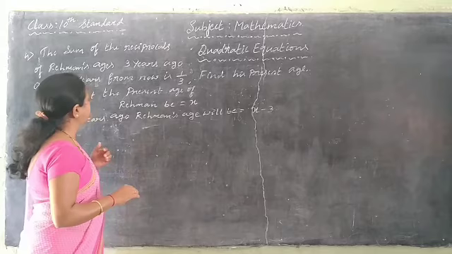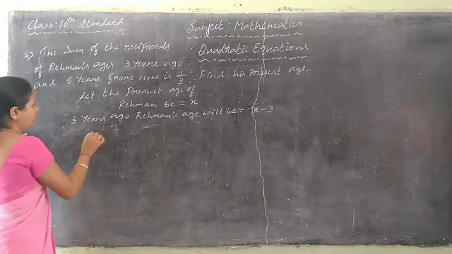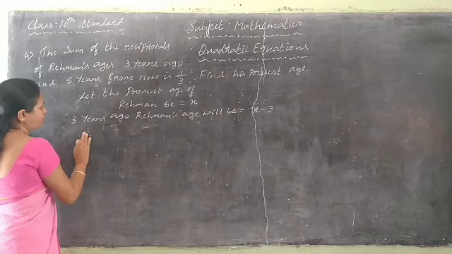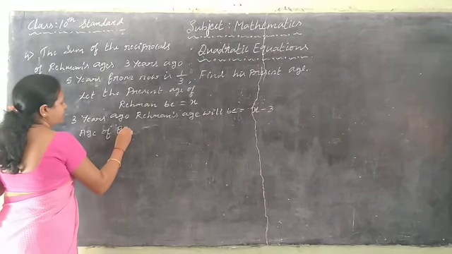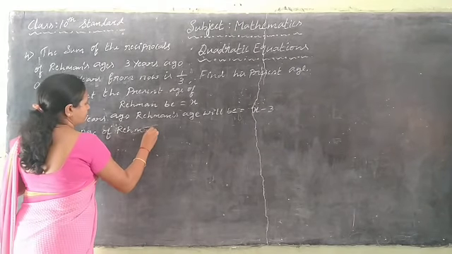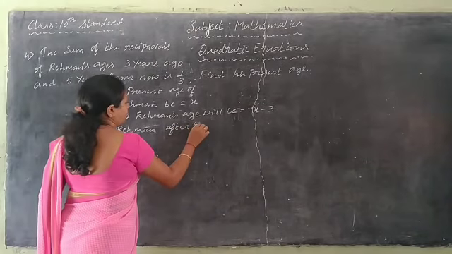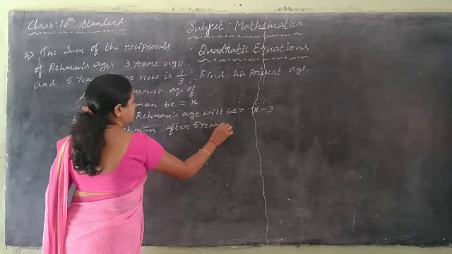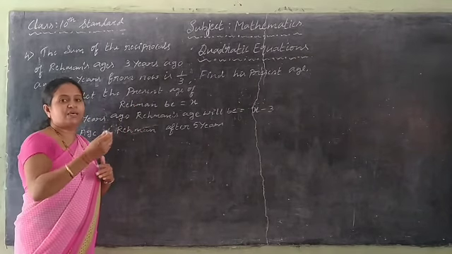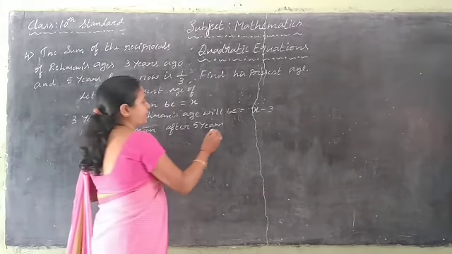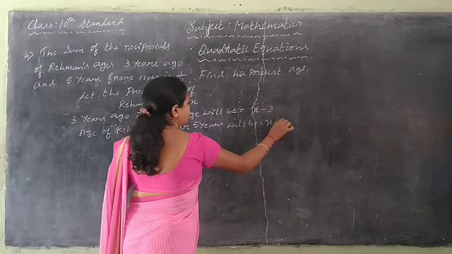And again it's telling that 5 years from now means 5 years later. So Rahman's age after 5 years: now it is x, after 5 years means it will be x plus 5, children.